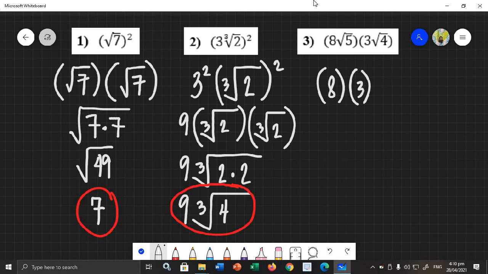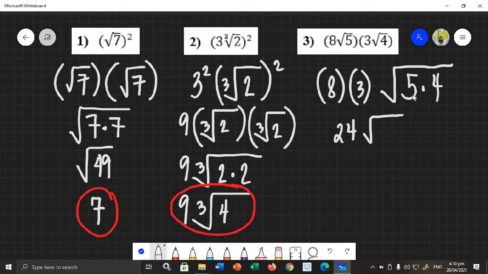And the radicals, if you notice, have the same index. Therefore, applying the product law of radicals, you can just multiply their radicals, so we have square root of 5 times 4. So 8 times 3 is 24, square root of 5 times 4 is square root of 20.